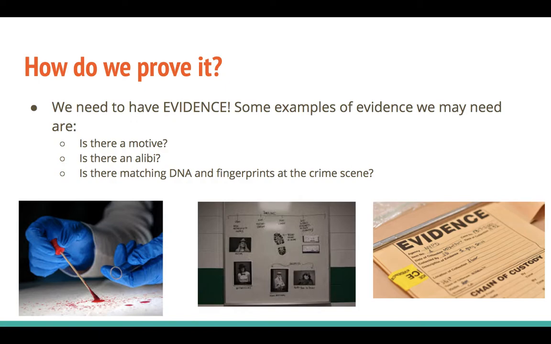So an alibi informs you that there's no way that this suspect could have done the crime because he couldn't have been there. So that's another piece of evidence. And third, is there matching DNA and fingerprints at the crime scene? So all of this will be able to tell us if Joe committed the murder of Bill or if he did not. And again, we're trying to prove that Joe did it. So we're trying to look for this type of evidence that will prove that Joe did it.